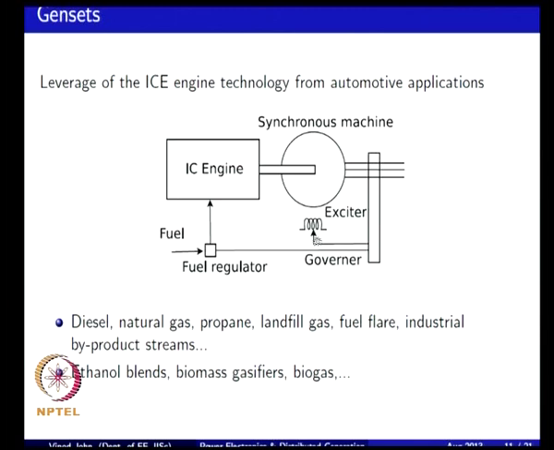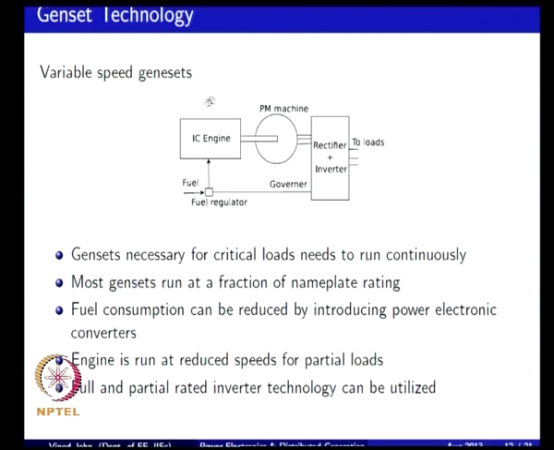You would also have an exciter system. So, with standalone loads, you are ensuring that you are maintaining the required load voltage, or if you are operating it connected to the grid, you are using the exciter system to control the reactive power flow from the machine to the outside. So, one constraint that you can immediately see is that irrespective of the load that is connected or the power that is sent out, the IC engine has to operate at a fixed speed at light load or full load, depending on the frequency that is to be generated at the output, which is in a way an area where power electronics can come in, and that is essentially by allowing the IC engine to operate at variable speeds.